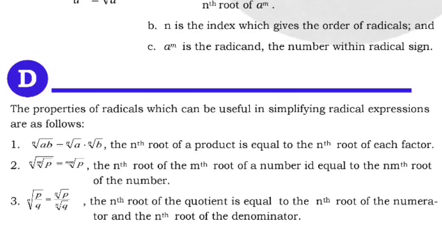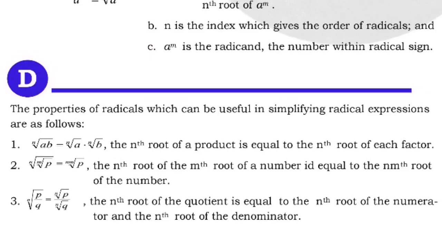This is also equal to that one. The nth root of the mth root of a number is equal to the n times mth root of the number. Number 3, nth root of p over q equals nth root of p over nth root of q. The nth root of the quotient is equal to the nth root of the numerator and the nth root of the denominator.